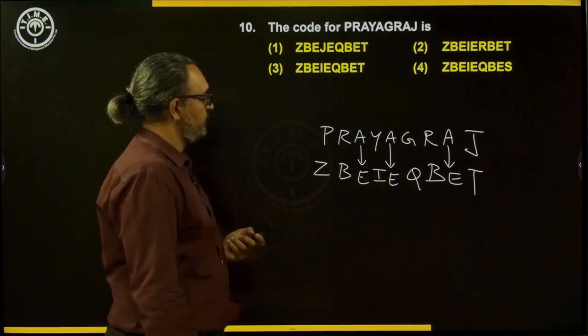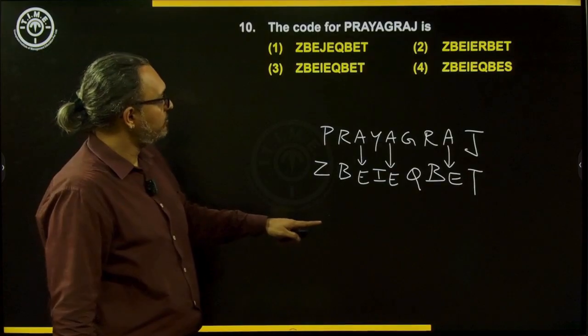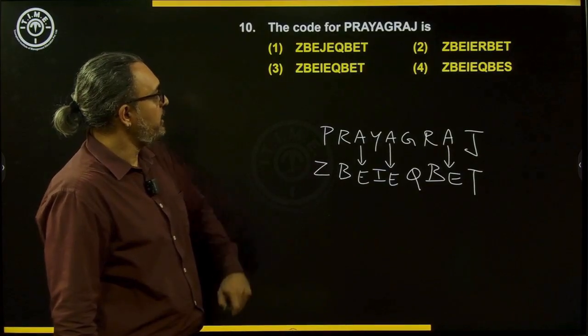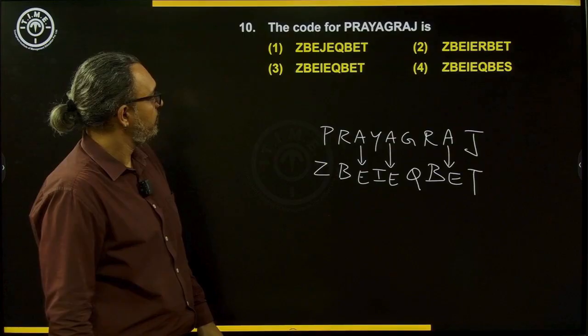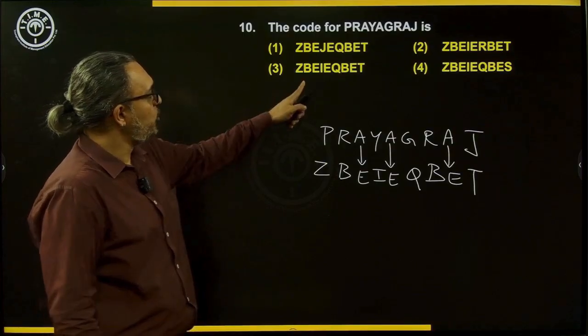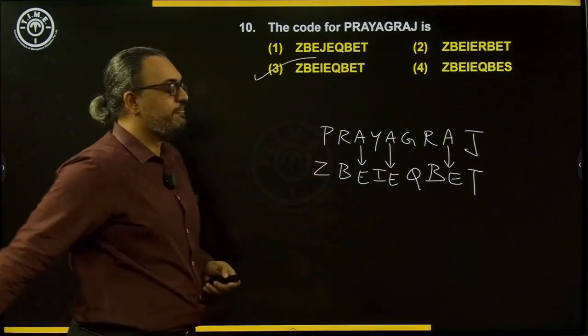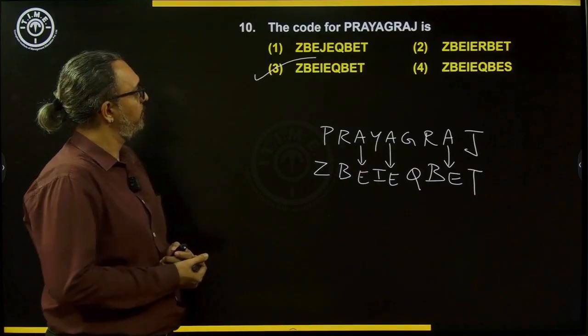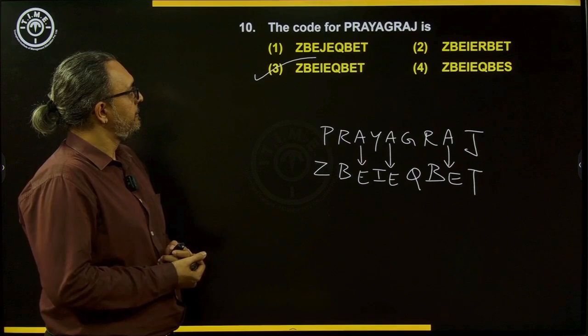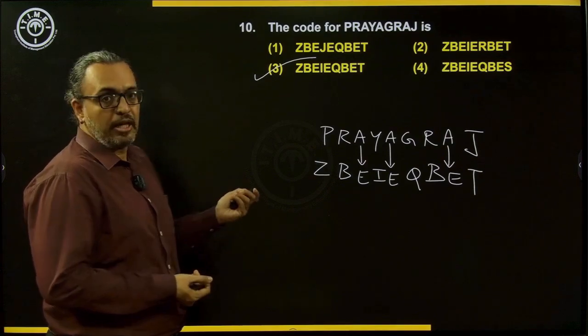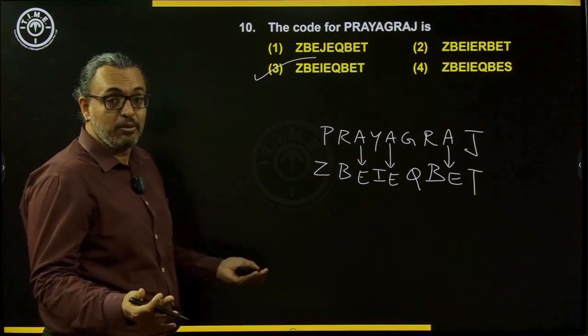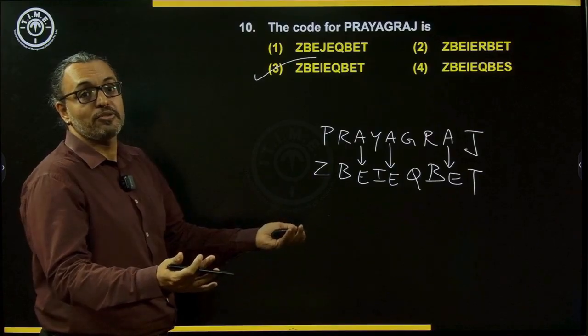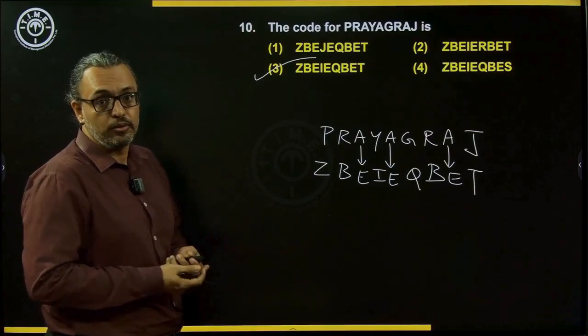So ZBE, IE, QBET. That's available in the 3rd option. Understood this? So have the table ready before you attempt questions. Based on the rule, you get the table.